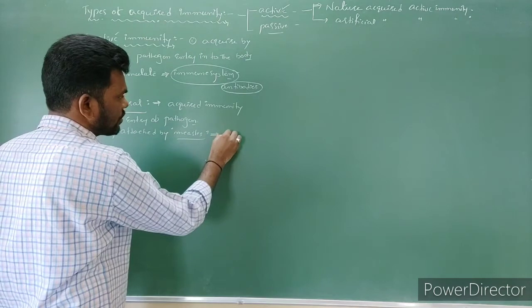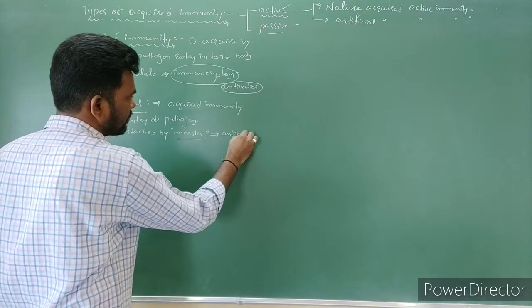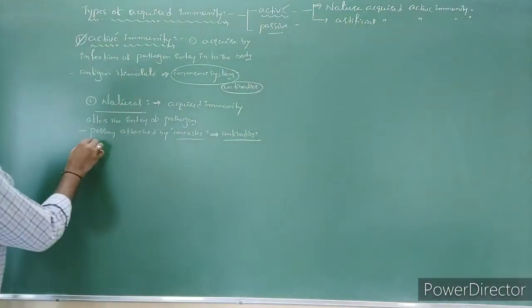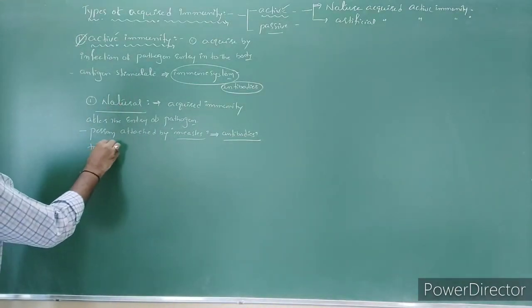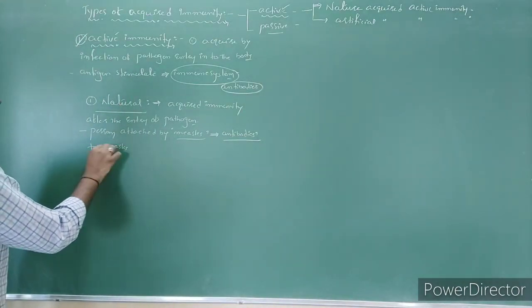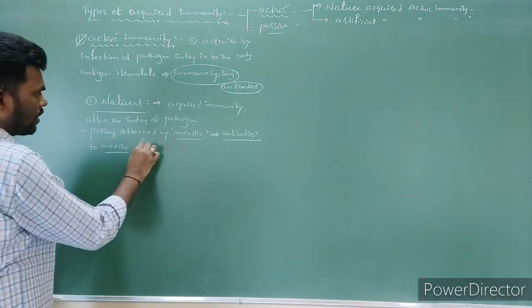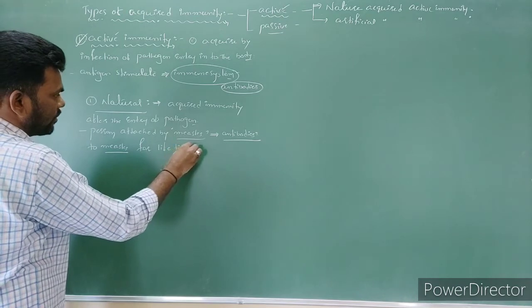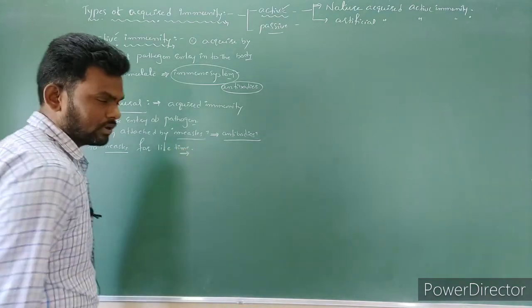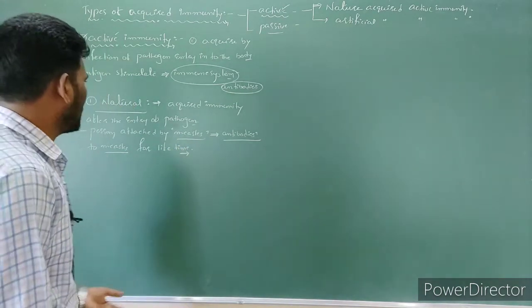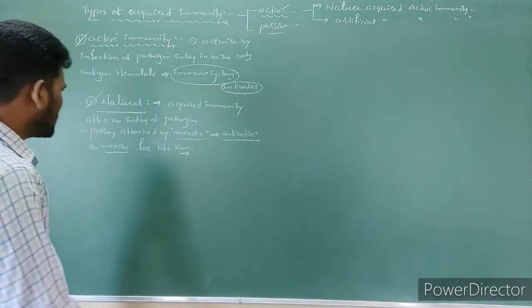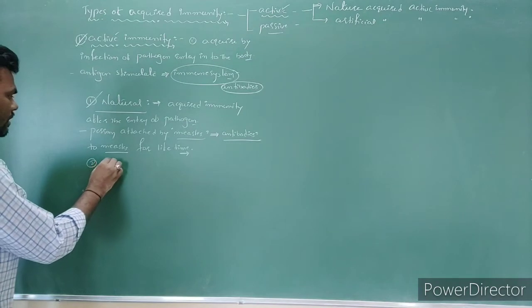The body is going to produce antibodies to measles disease for a lifetime. Such type of acquired immunity is called natural, right? And the second one is artificial.